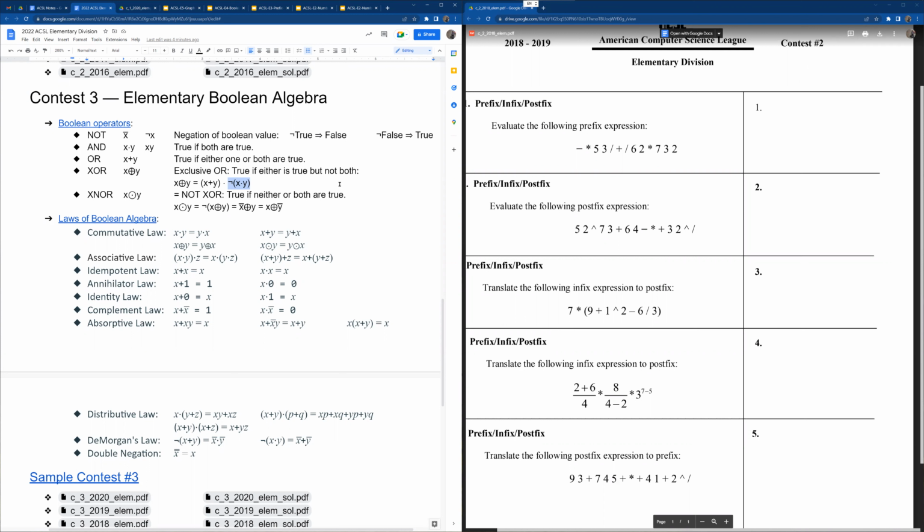And now come the laws. The laws are commutative. Commutative means that things can switch around; they can commute their spots. X and Y is equal to Y and X. So if you switch Y and X around, the result does not change.